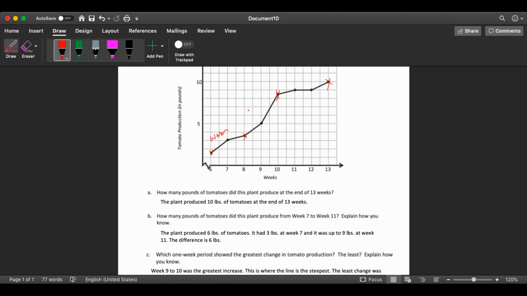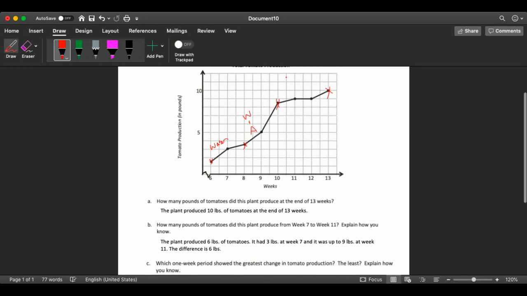Right here is water plus, I think he calls it fertilizer A. So water plus fertilizer A. This part is water plus fertilizer B. All right, so I want you to pause the video and look between each of these X's I've made.